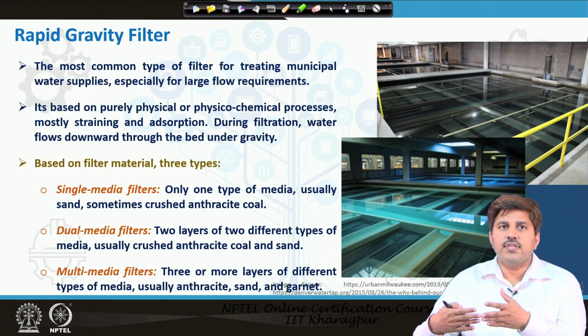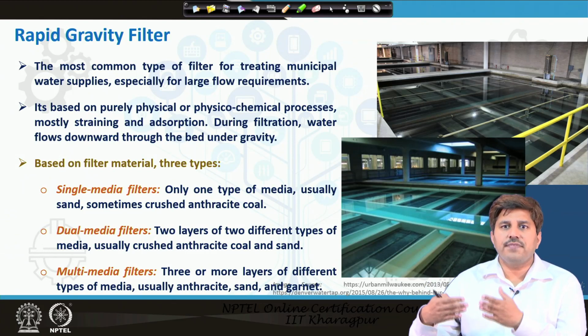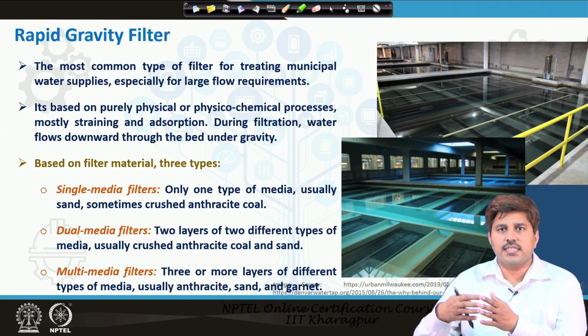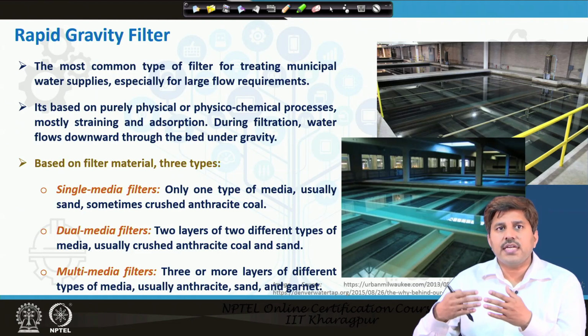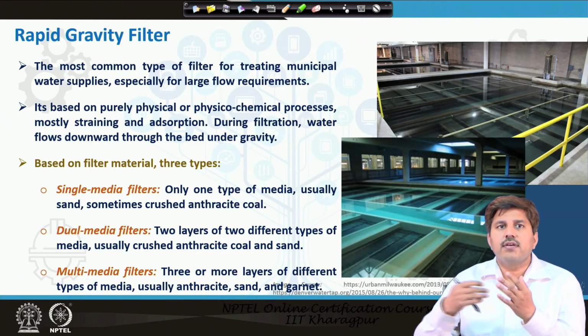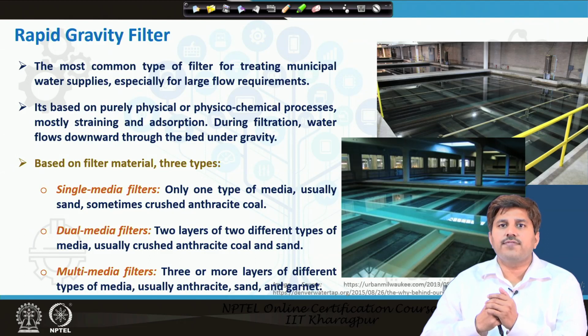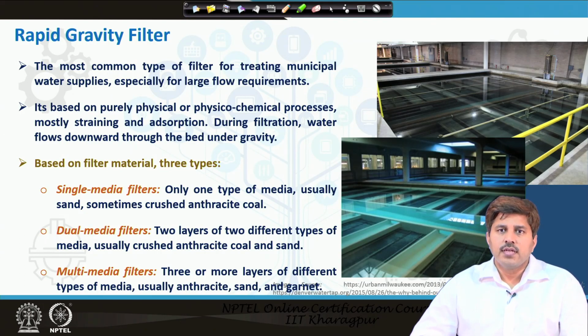Then what we are left with is the pressure filter or rapid gravity filter. Pressure filters are quite costly and have other operational difficulties, which we will be discussing in the next class. That way, the rapid gravity filters or rapid sand filters become the most preferred choice for the treatment of large water supplies or municipal water supplies.